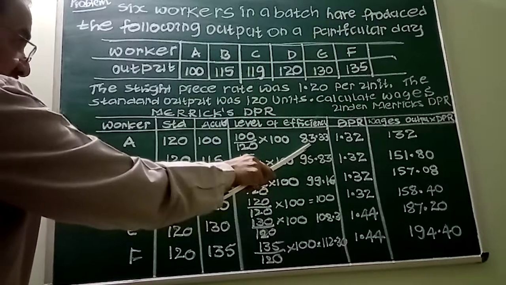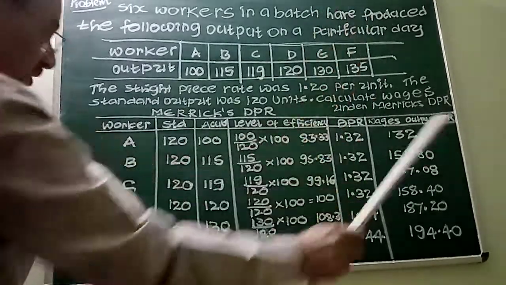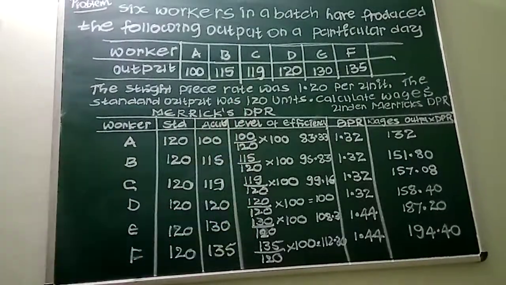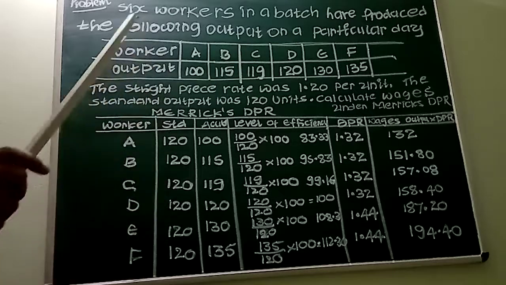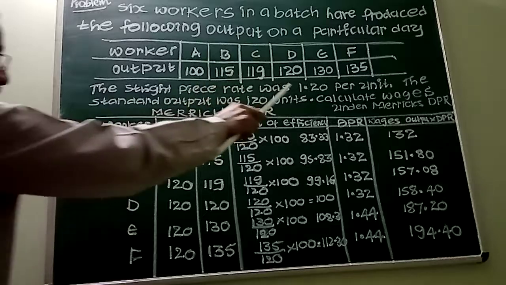If it is less than 83%, he will be paid 100% of the ordinary piece rate. If he is more than 83% but up to 100%, he will be paid 110% of the ordinary piece rate. But if he is above 100, he will be paid 120% of the ordinary piece rate.